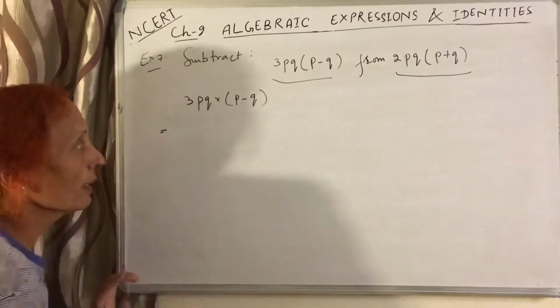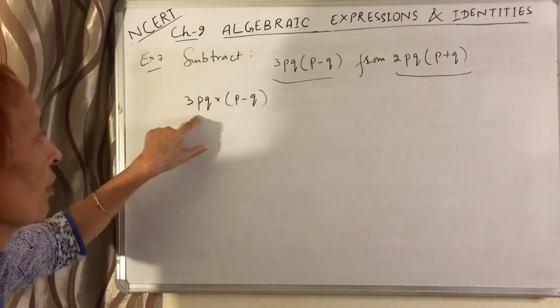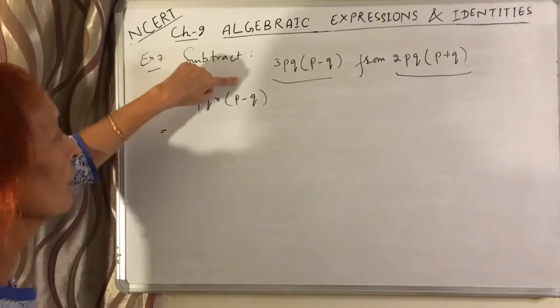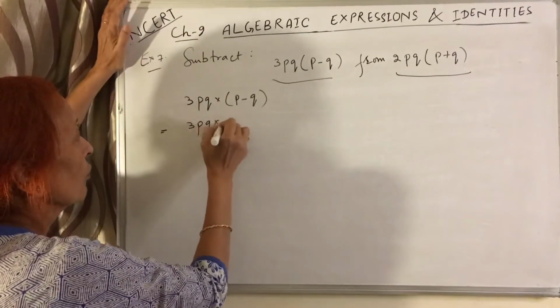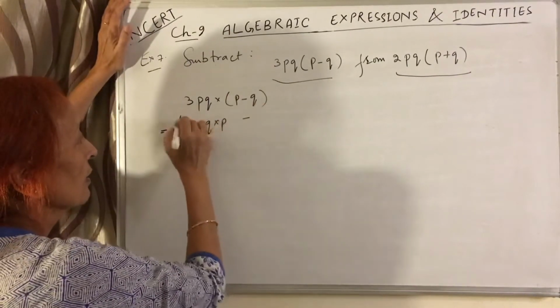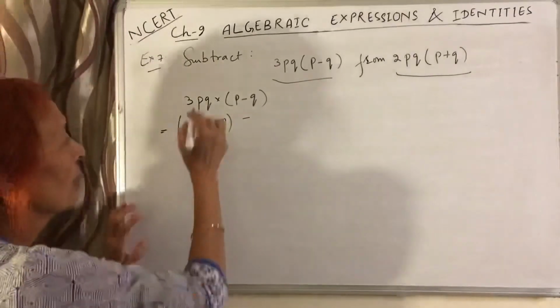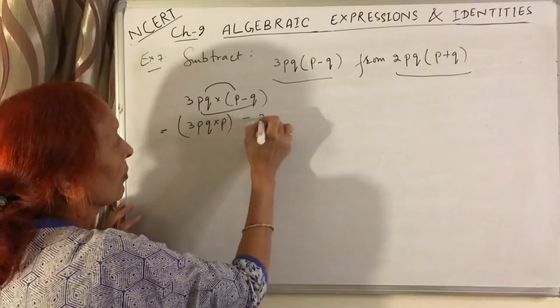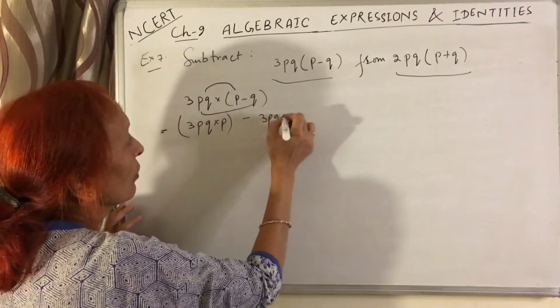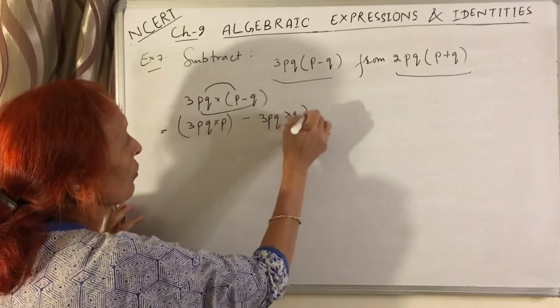We will multiply this term with the first term first, 3pq into p, this sign as it is, put this in bracket, then this term with the second term, 3pq into q.